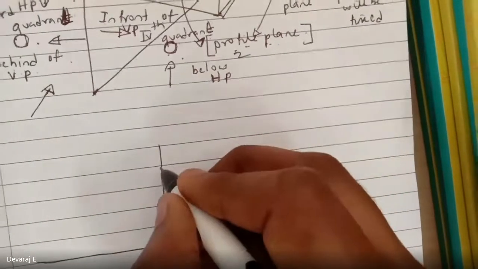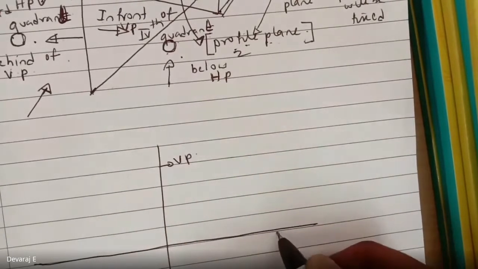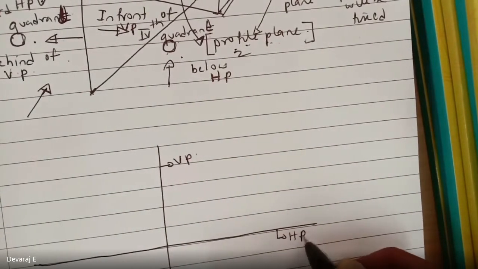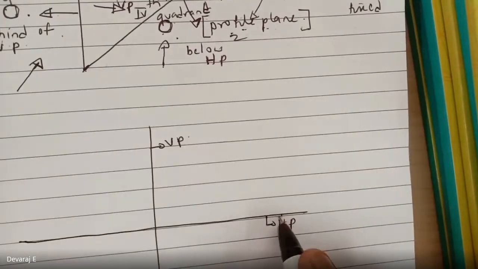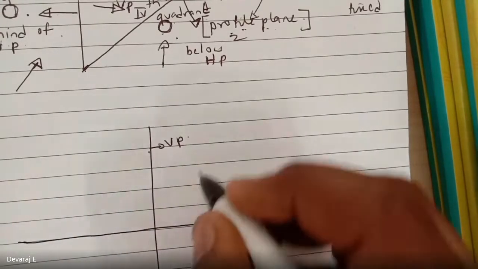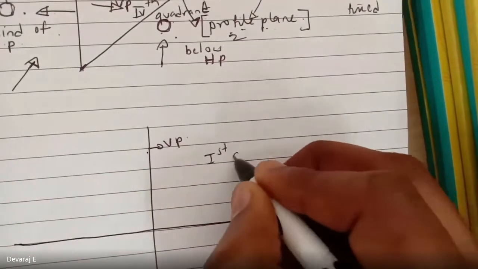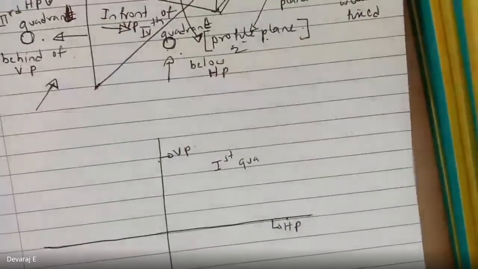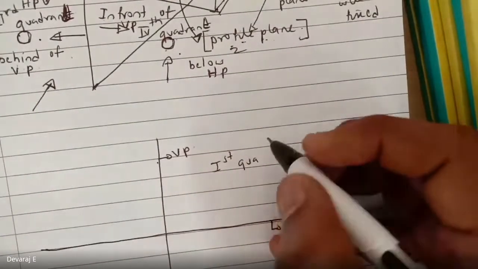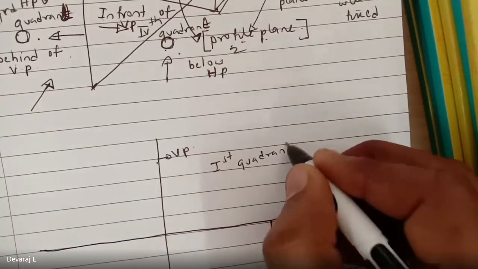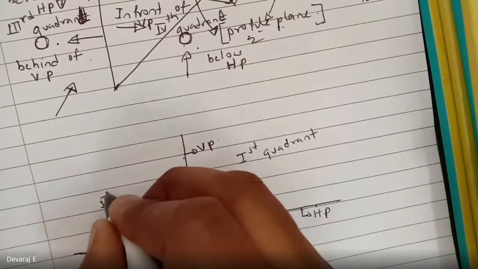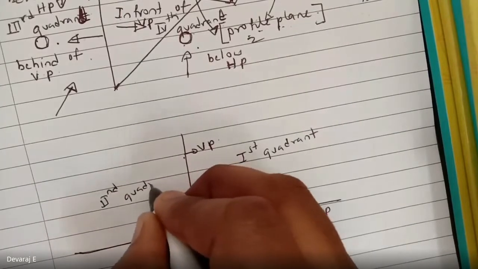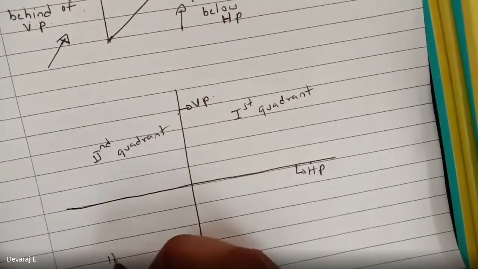So this is VP, this is HP, right? Vertical plane and horizontal plane. So this is your first quadrant. This is the second quadrant. This is the third quadrant.